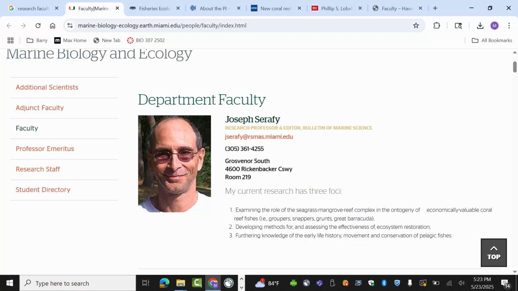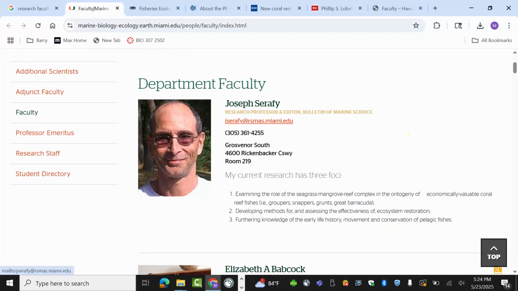That's another way that you can do this. You can go and look at a particular university. Let's say you find a university that offers ecology, marine biology, physiology, evolutionary biology, whatever, and just look at all the faculty that you see.